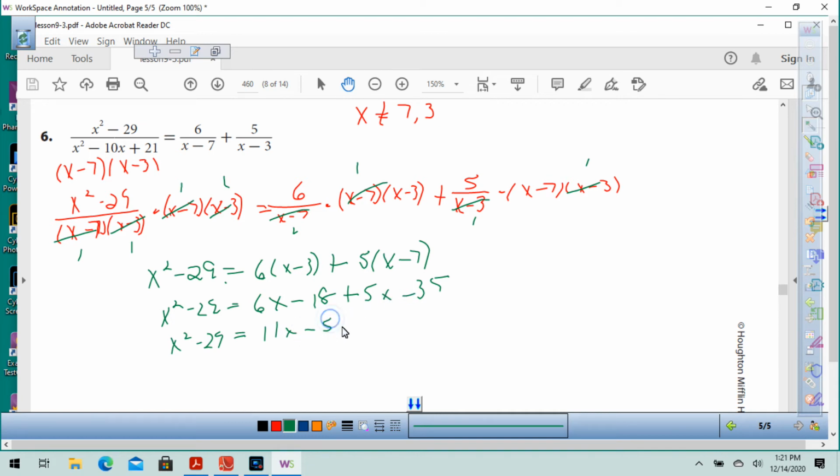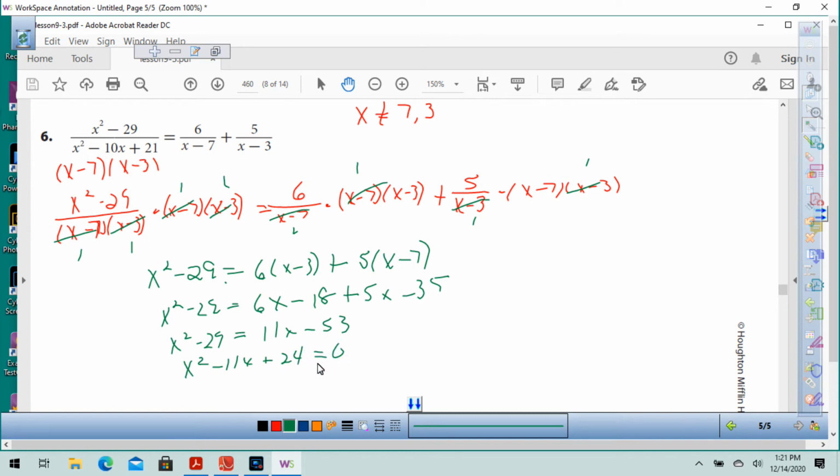Minus 53. All right, now I need to get everything on one side. So I've got x squared minus 11x, and then 53 minus 29, that's 24. So I got plus 24 equals 0.